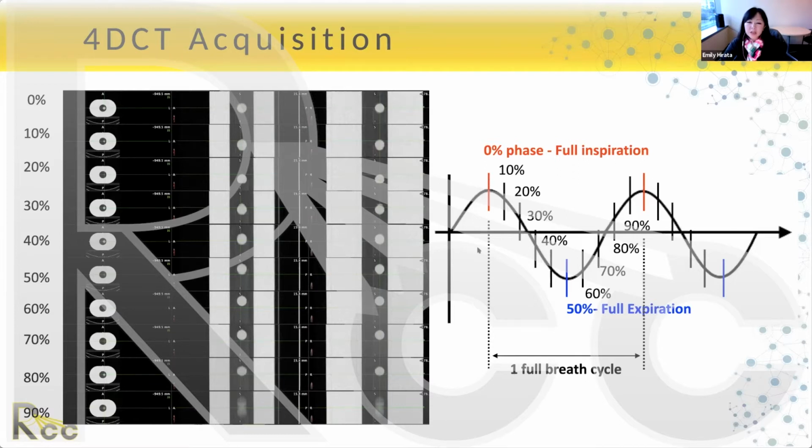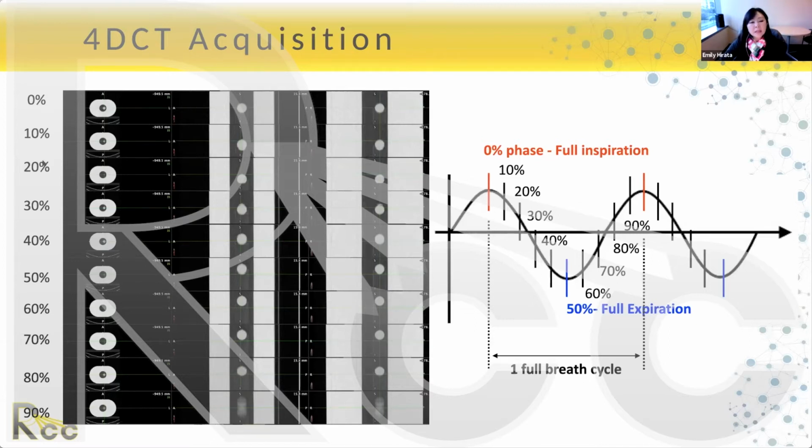So the image here, the image acquired from here, and so forth, collect them all and create an image data set called 0% phase. So this image data set represents the patient at the 0% phase of their respiratory cycle. And it does this for each of the 10 phases. So you end up with basically 10 images of this patient.